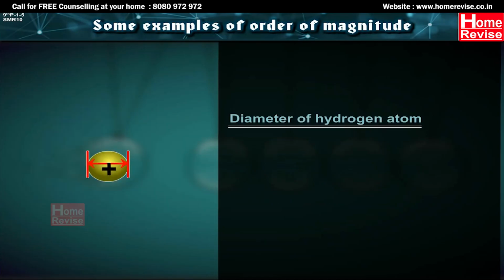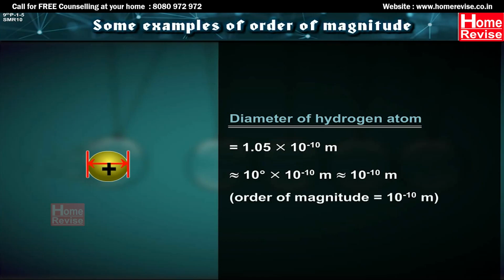Diameter of hydrogen atom is equal to 1.05 into 10 raised to minus 10 meters, which is nearly equal to 10 raised to 0 into 10 raised to minus 10 meters, that is nearly equal to 10 raised to minus 10 meters. Order of magnitude is equal to 10 raised to minus 10 meter.